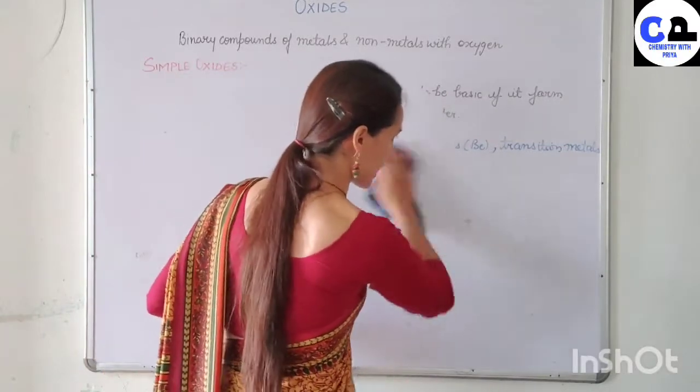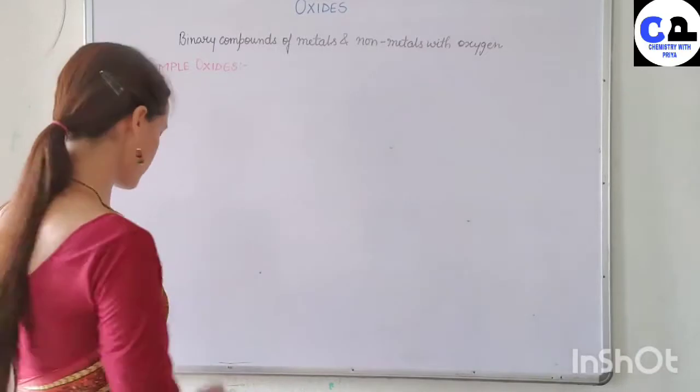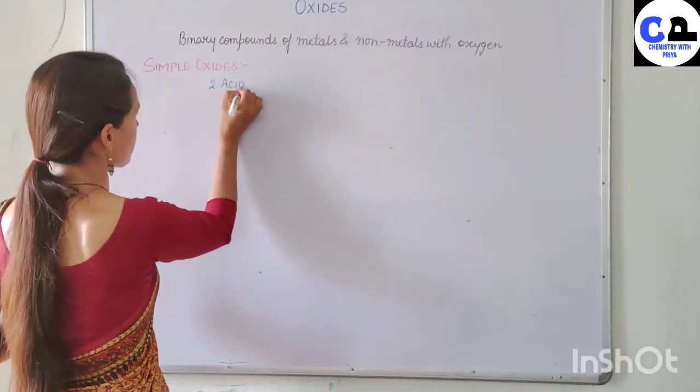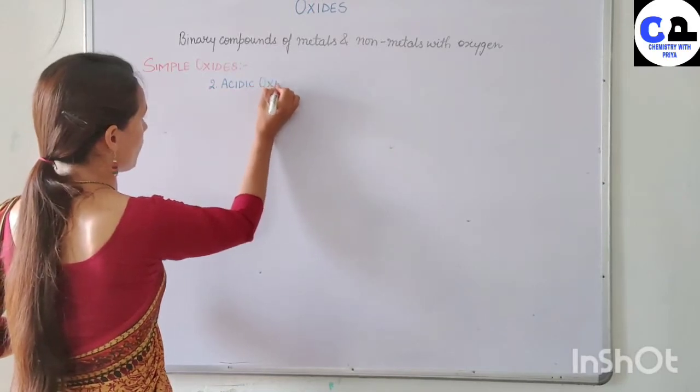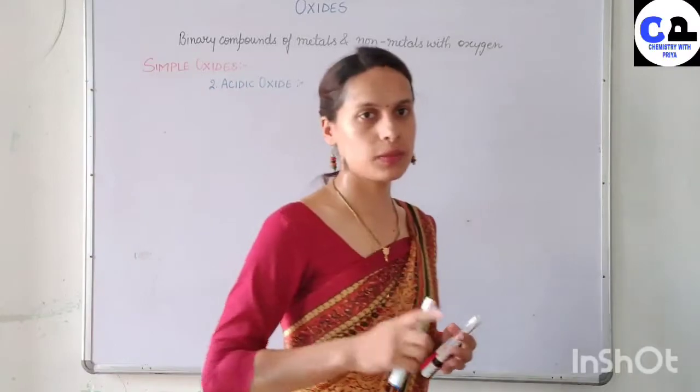Now the second category of simple oxide is acidic oxide. The definition is similar to that of the basic oxide.